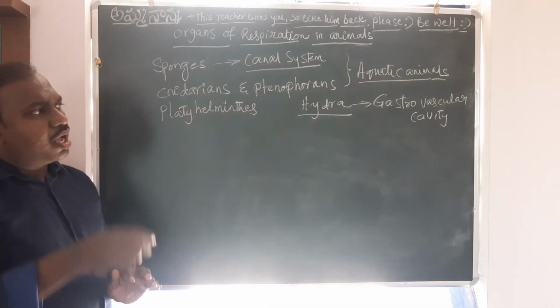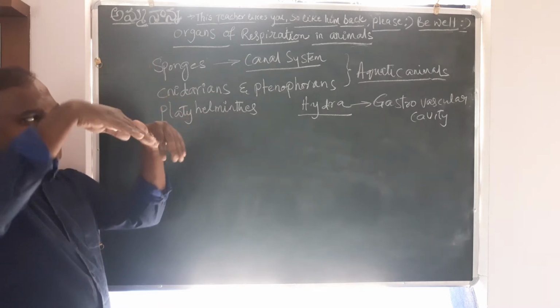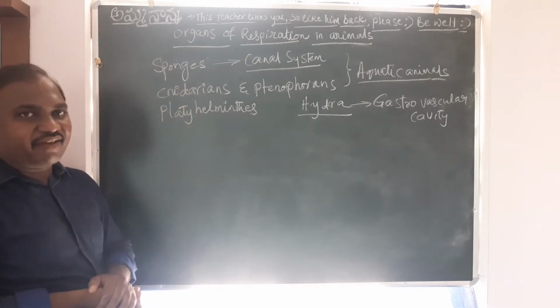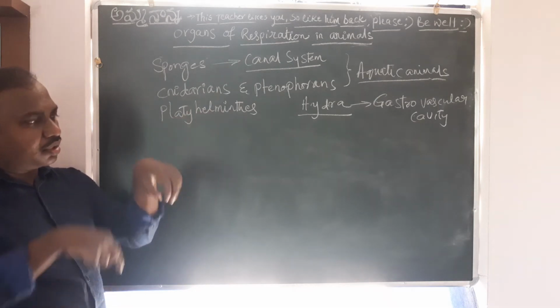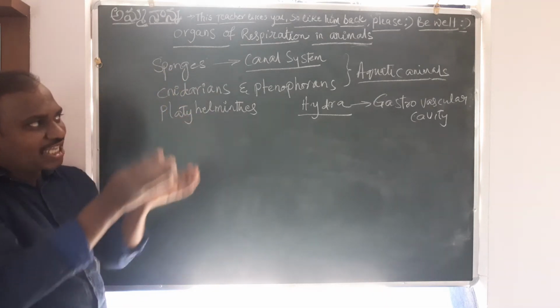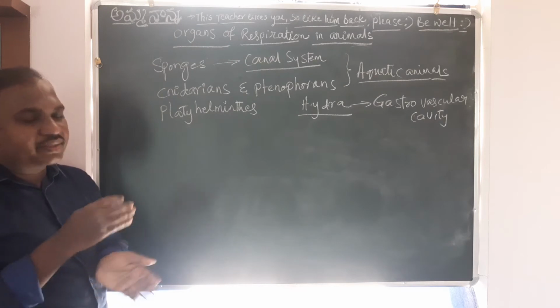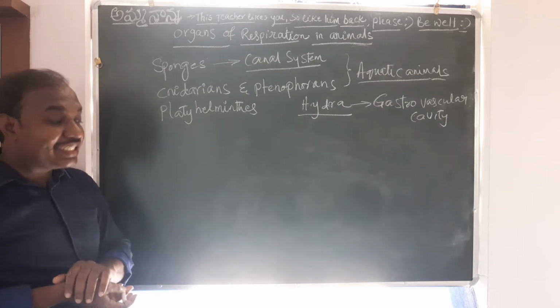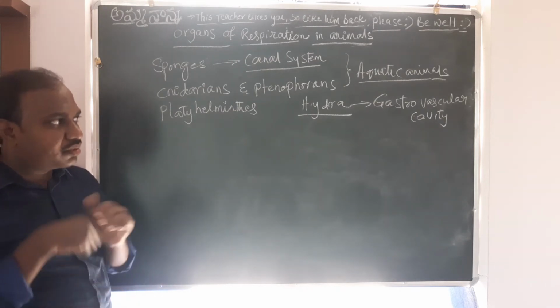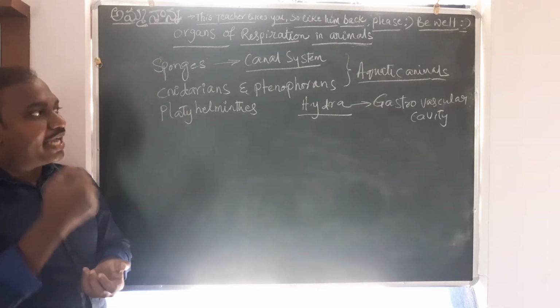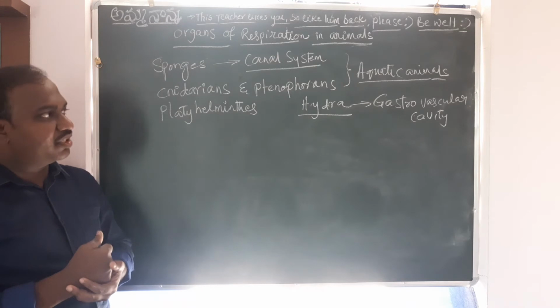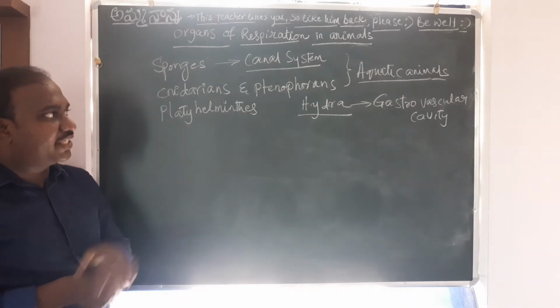The cells lying on the external side of this cavity exchange gases, and some of the water also flows through the gastrovascular cavity, where the exchange can happen internally as well. So in cnidarians and Hydra, the exchange of gases happens both externally and internally.